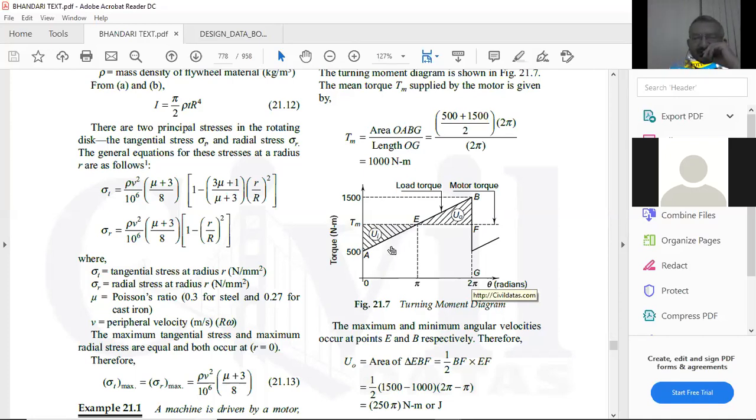If I draw a straight line and divide it into two parts, one is OAG, and this point where it ends I will call H. So if I draw a rectangle OAGH, you can find the area of that rectangle.